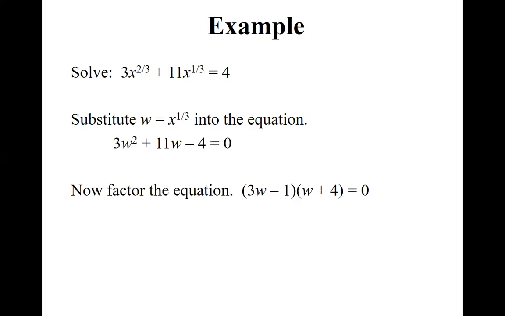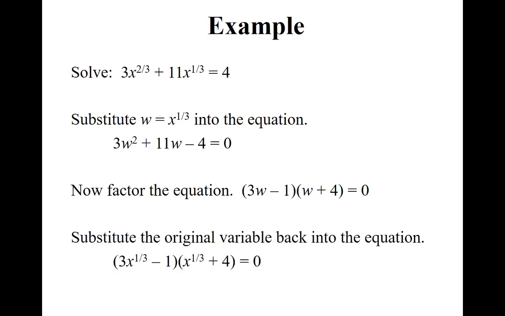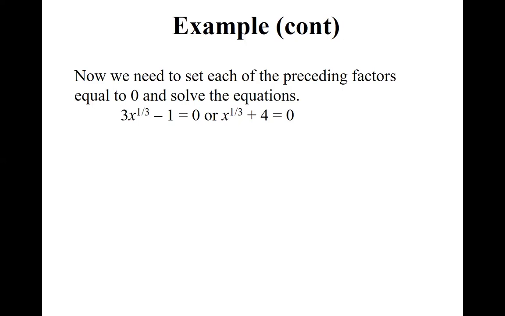And we get 3w minus 1 times w plus 4. 3w minus 1 is actually 3x to the 1/3 minus 1. w plus 4 is actually x to the 1/3 plus 4. We substitute back. Set both of those equal to 0.